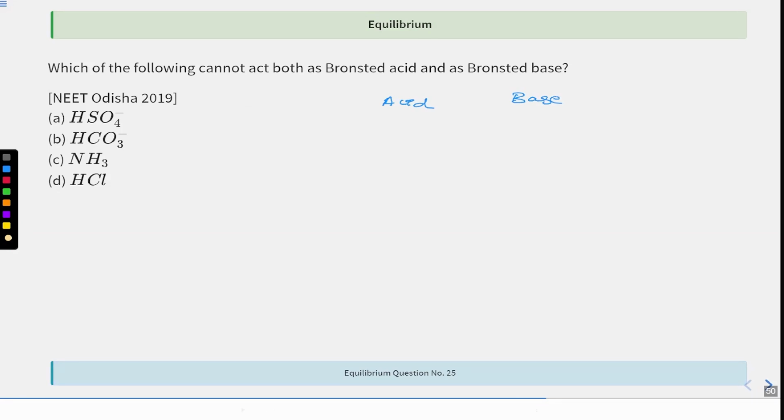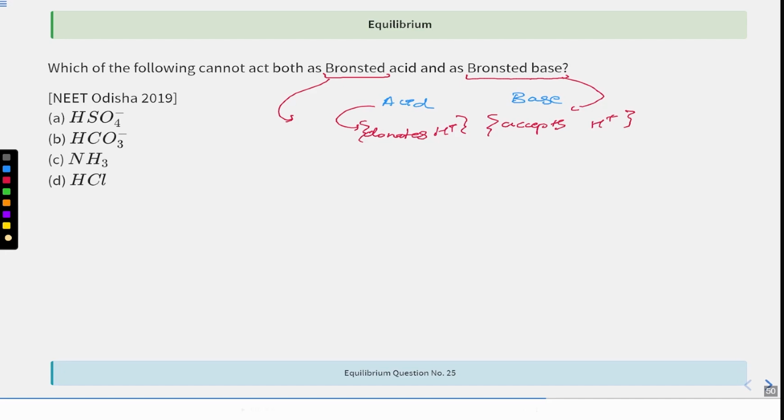What Bronsted told us was that an acid is a Bronsted acid if it donates H plus. So our Bronsted acid donates H plus, and the one who accepts this H plus is our Bronsted base. So this guy accepts the H plus.